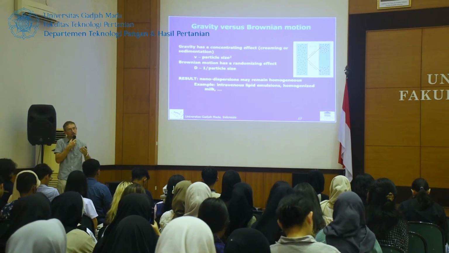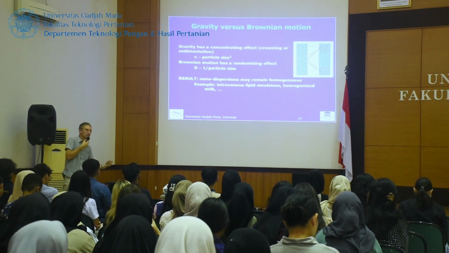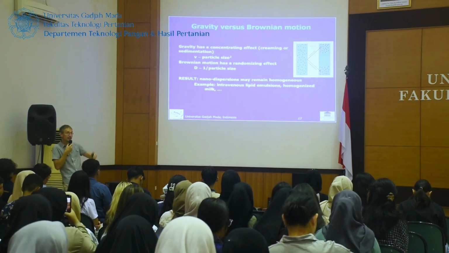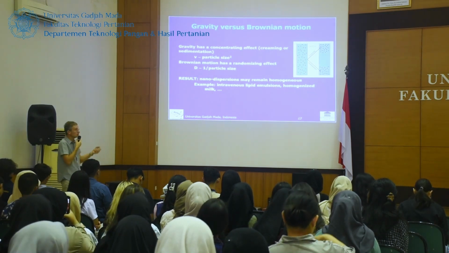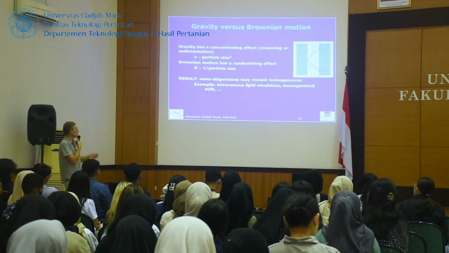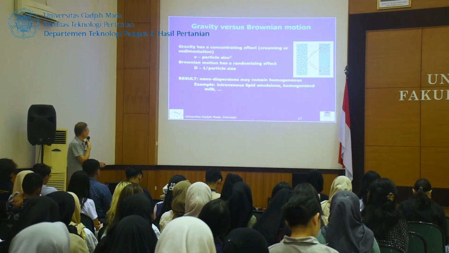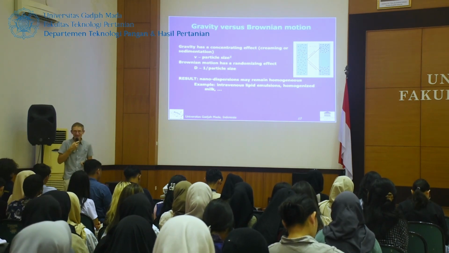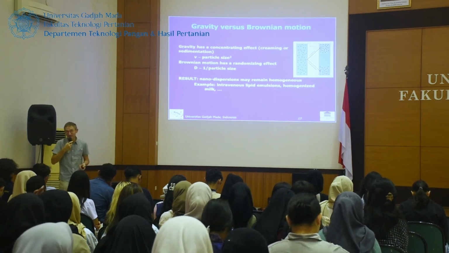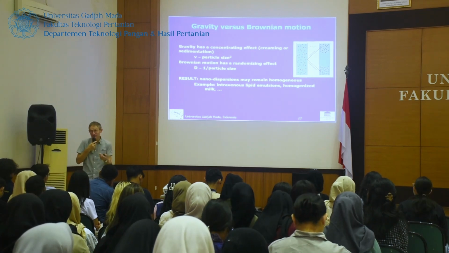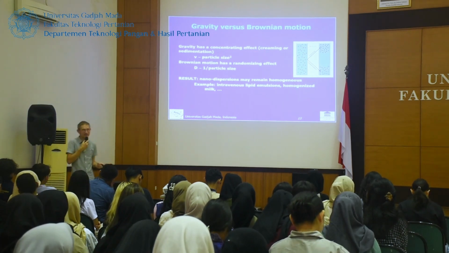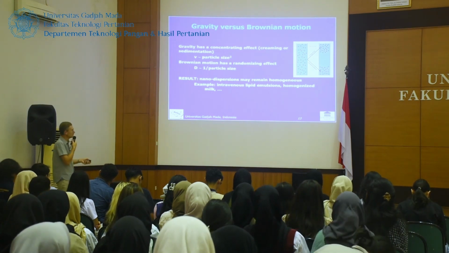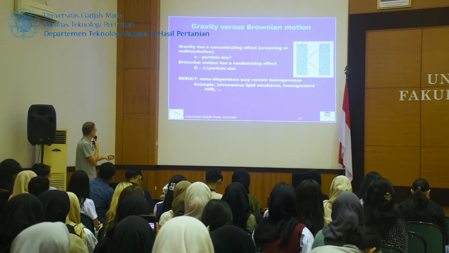If you reduce the size to only a couple of hundreds of nanometer, 0.1 to 0.5 micrometer, then Brownian motion becomes the most important factor, and you do not see that creaming anymore. So what you see here is that homogenized milk could be considered as a very old example of nanotechnology, because by changing the size properties, you change the properties of the overall product. So it fits to some extent the definition of nanotechnology.